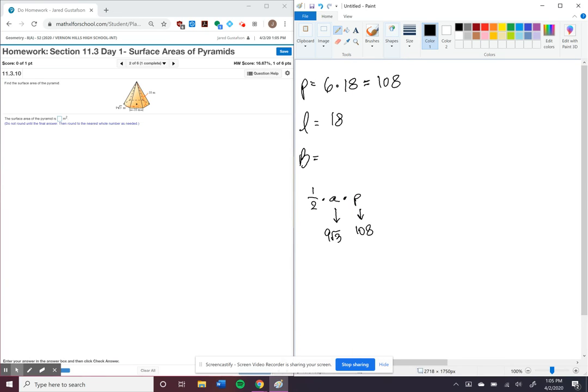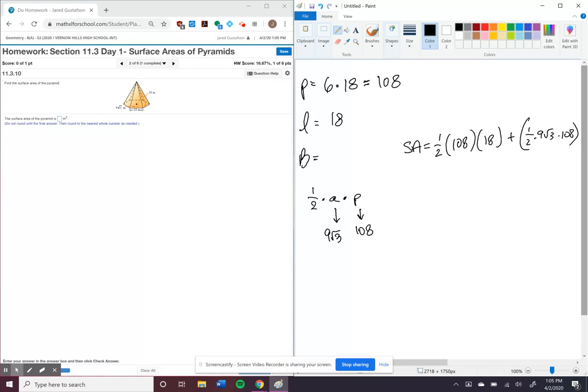And at this point, we're going to need a calculator, as it wants the nearest whole number at the end. But the surface area is going to be 1/2 times the perimeter times the slant height plus the area of our base, which is 1/2 times 9 root 3 times 108. Not the nicest numbers in the world.